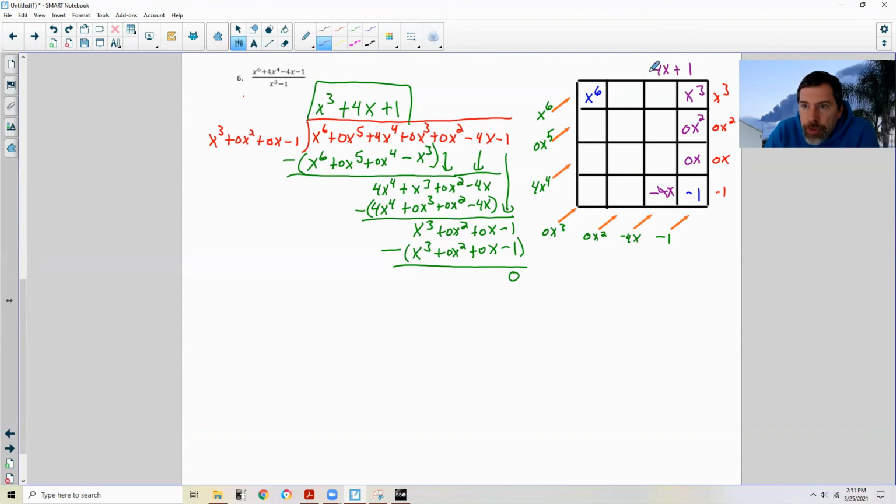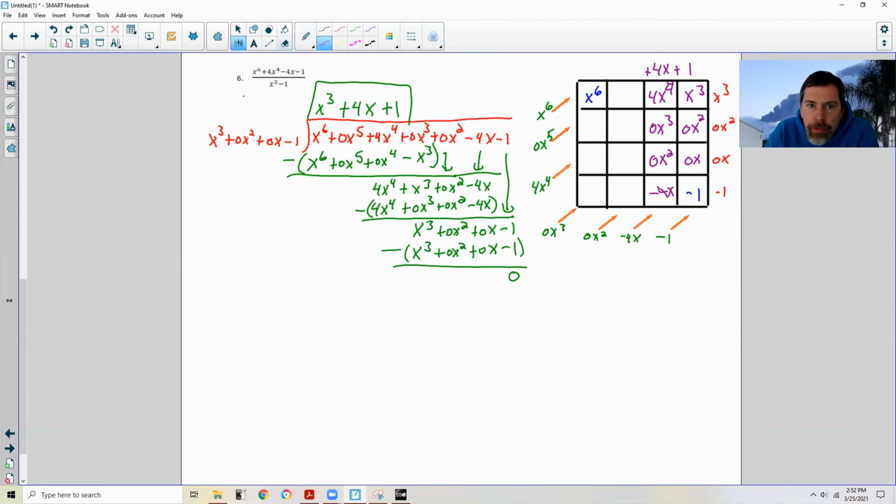That's a positive 1, so I'll put it. That's a positive 4, so I'll put it. Okay, so negative 1 times 4x is negative 4x. 4x times 0x is 0x squared. 4x times 0x squared is 0x cubed. 4x times x cubed is 4x to the 4th.